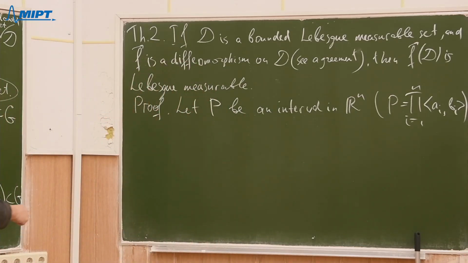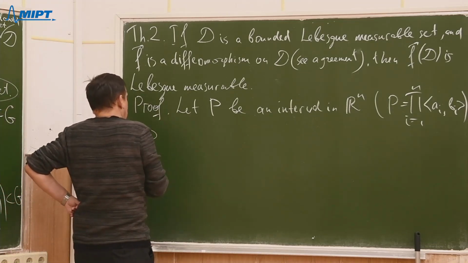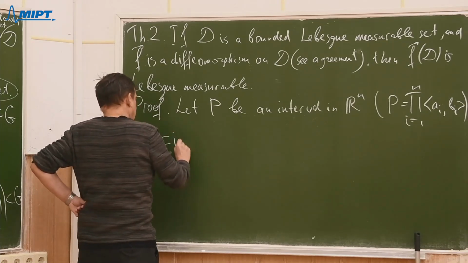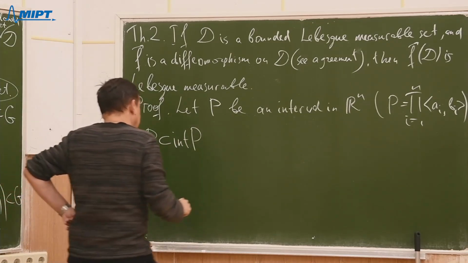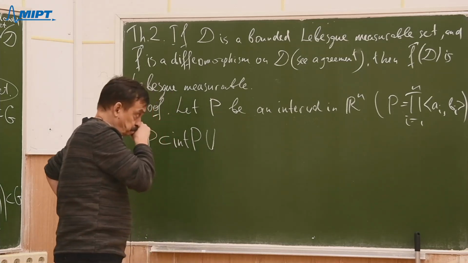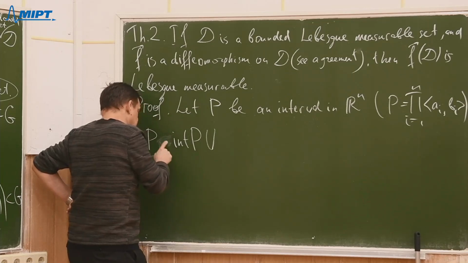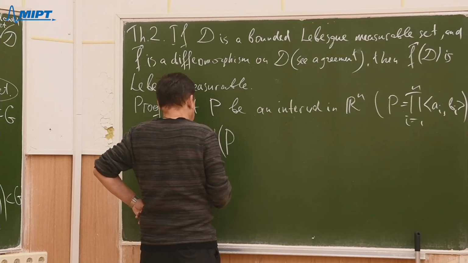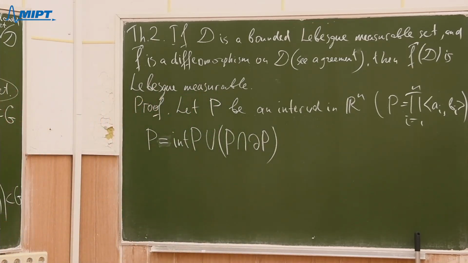Then we can observe that P is a subset of the interior of P together with P intersected with the boundary.